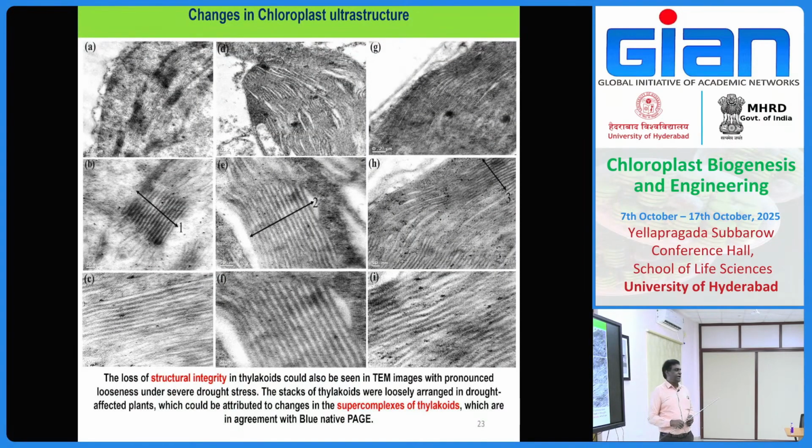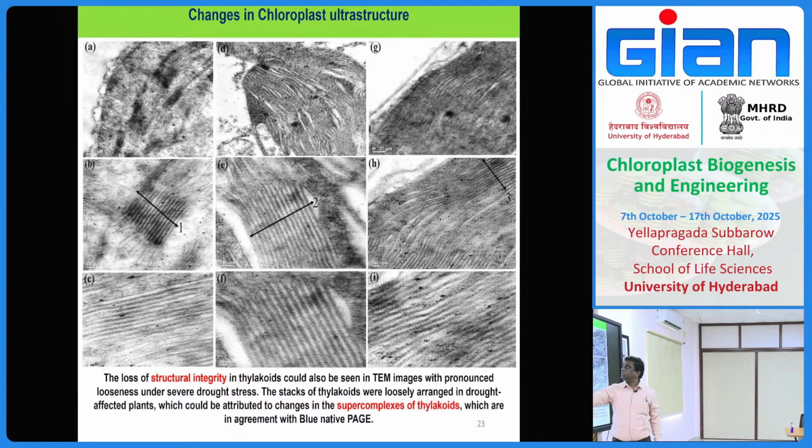Professor Tripathi was talking about the structures, this electron microscope structure. You can see this is the control, this is the drought, and this one is the recovery. All of these are at the same magnification.